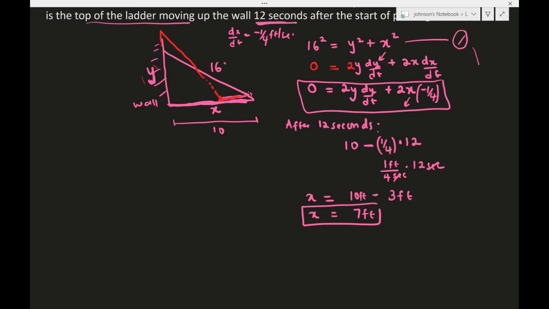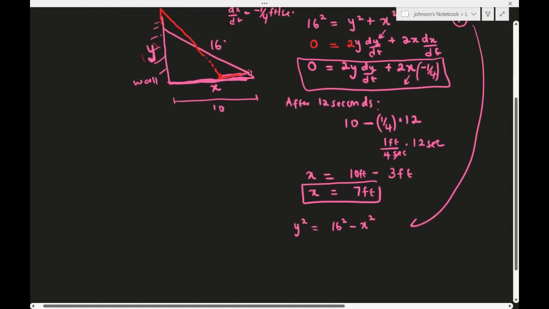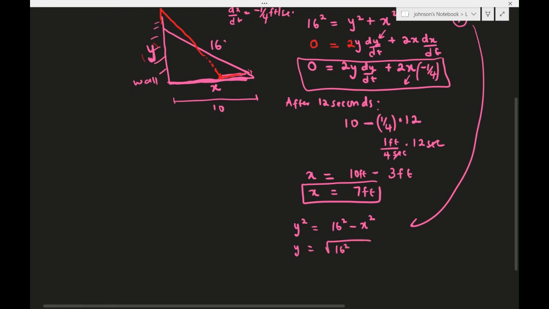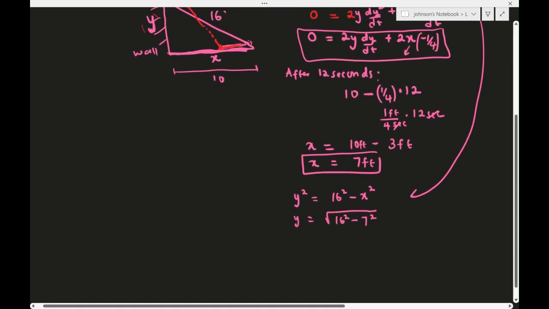So let's go back here, and using this equation, y squared is going to be 16 squared minus x squared. So y is going to be the root of 16 squared minus, and we're going to use 7 squared.